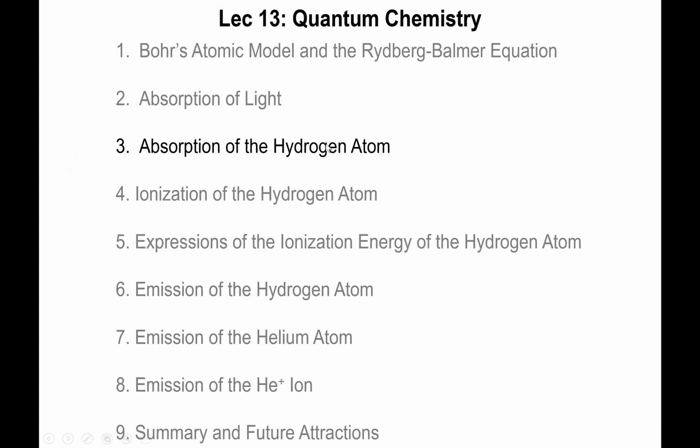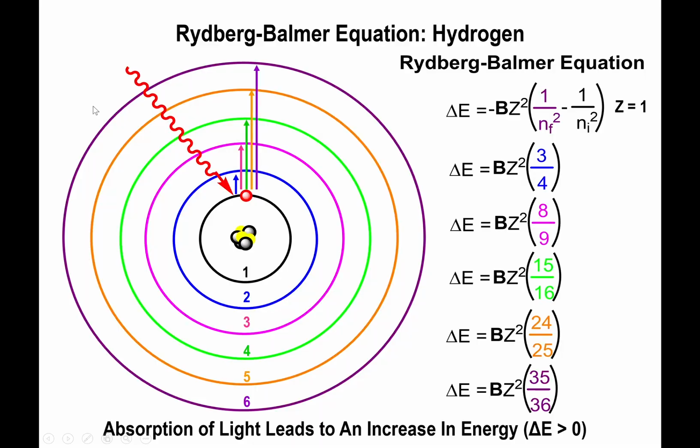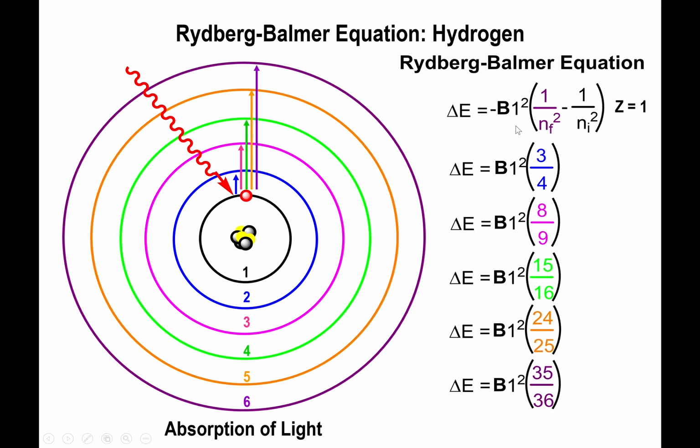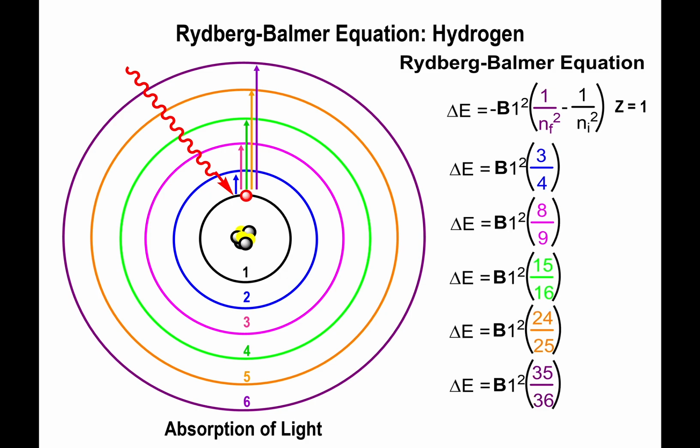Okay, let's take a look at the hydrogen atom specifically. The hydrogen atom is the first element in the periodic table, and the atomic number of hydrogen is 1. So this is actually the most simplistic version of all the elements we could be dealing with, because Z, which is the atomic number of the element, gets squared. But if we're looking at hydrogen, Z is equal to 1. 1 squared is simply 1. So basically, for hydrogen, the term of Z squared just cancels out, because it's just 1.